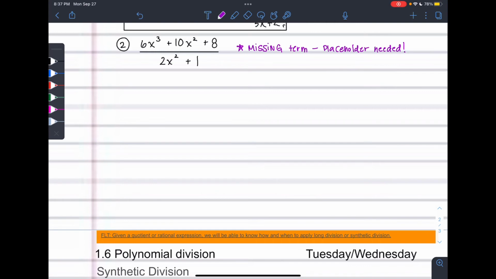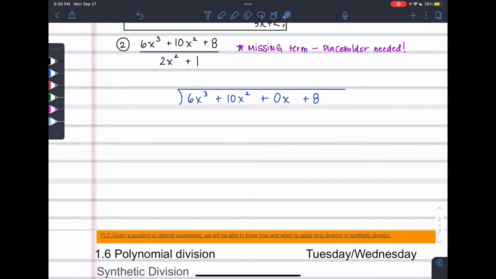Okay, so let's look at how we set this up. We're going to copy this down: 6x cubed plus 10x squared, and we're going to include a placeholder here, 0x plus 8. We have to include that placeholder.